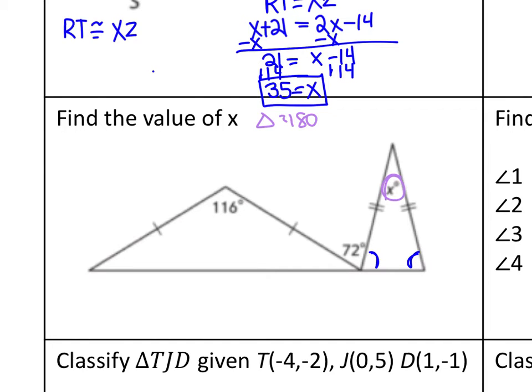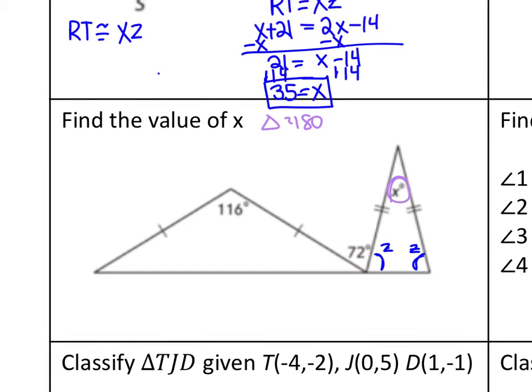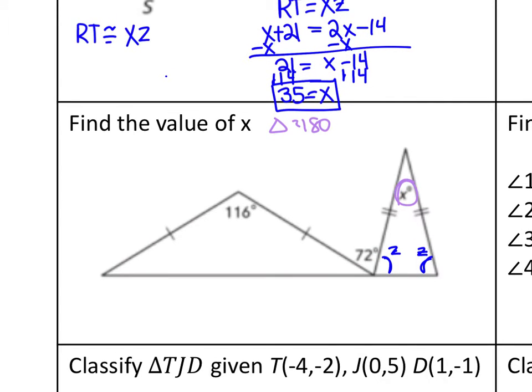I'm going to call these angle Z, because I'm going to have to figure out what this is. Okay? So, in order to find out what Z is, I have to know, okay, well, Z is in this corner, and then this is 72, but then what about this? How am I going to figure out Z if I don't know what this piece is?